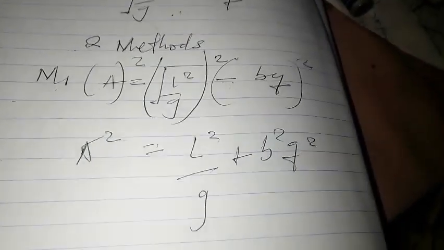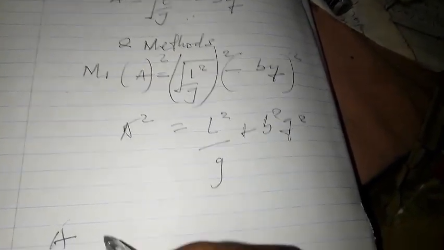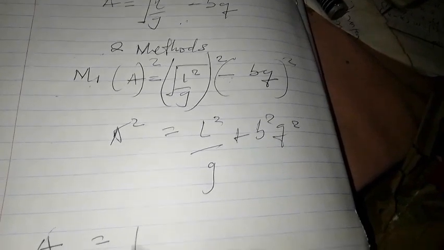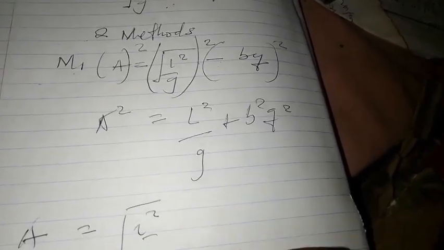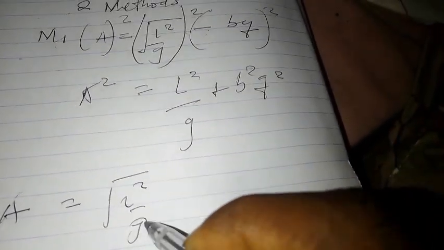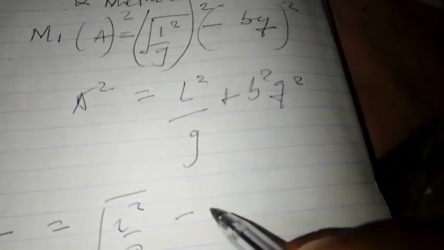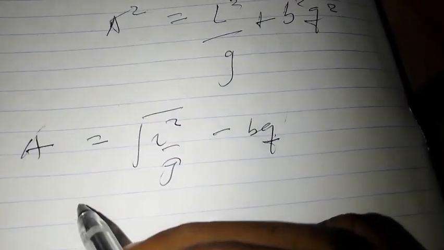Then others will also like to use this: A is equal to L squared over G minus BQ. So others would like to push this there, since making that one the subject would be cool.